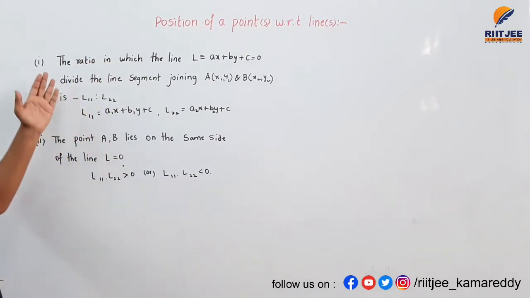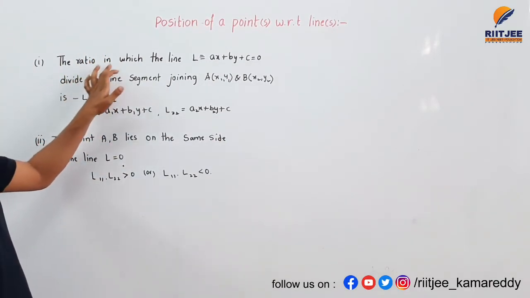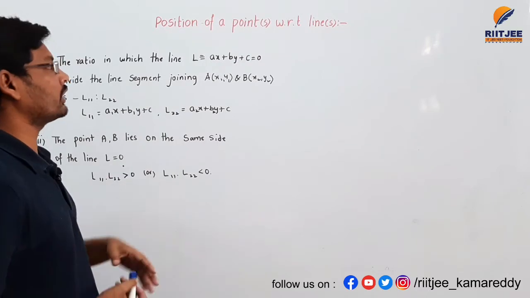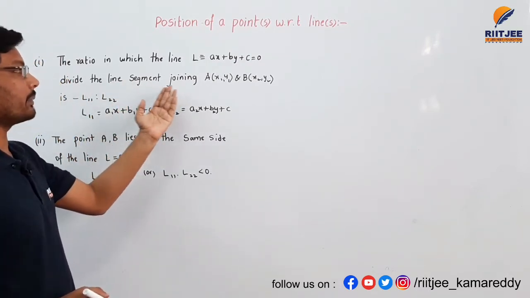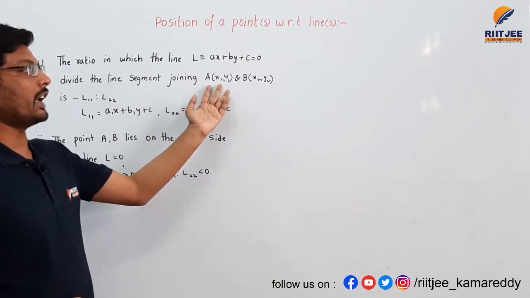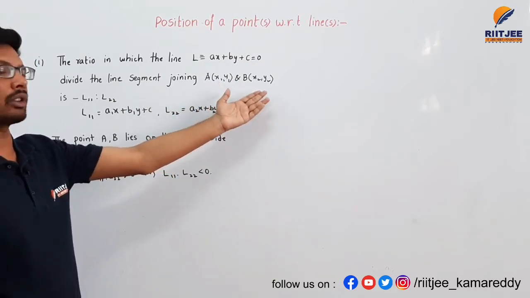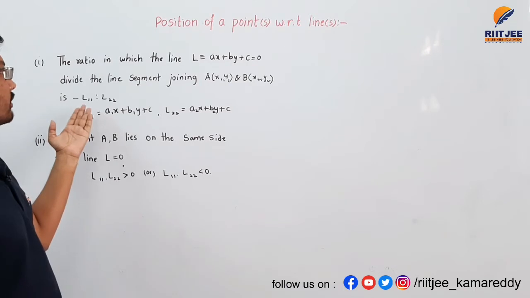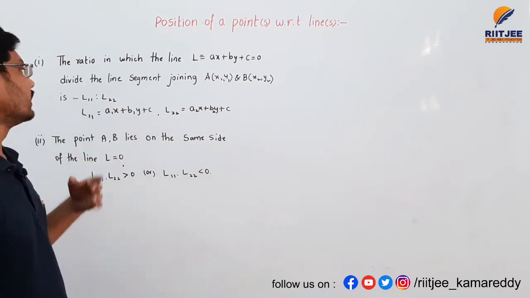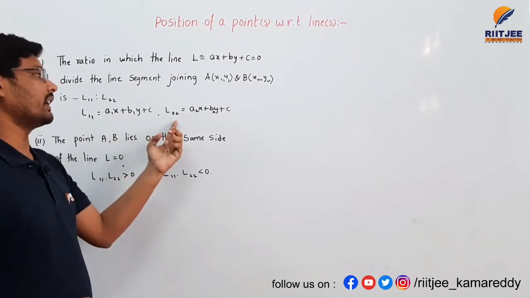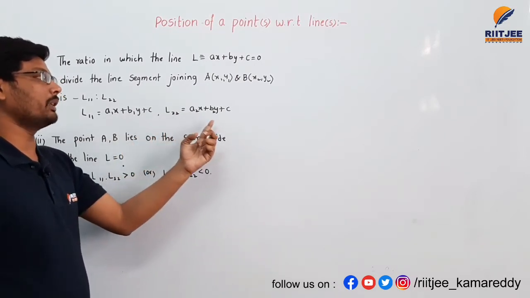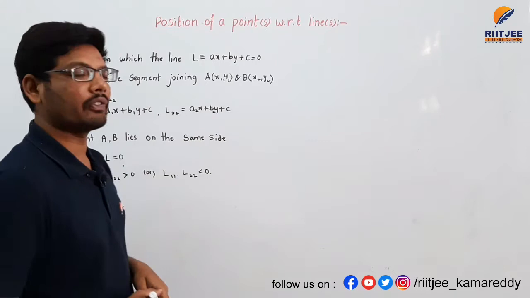Here the first point is the ratio in which the line L is equal to ax plus by plus c is equal to 0 divides the line segment joining points A and B, (x1, y1) and (x2, y2), is minus L11 is to L22, where L11 is equal to a1x plus b1y plus c and L22 is equal to a2x plus b2y plus c. This is the first point.